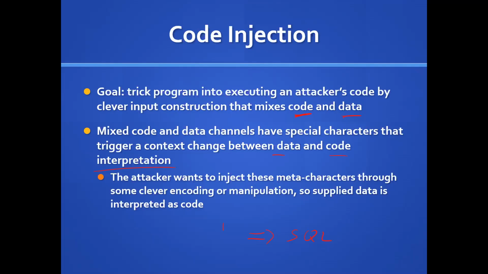I like this slide because it's a really good formal definition of code injection, right? And what we've been doing all semester. All semester we've been doing code injections, and then the solution, as we've discussed, is some type of input validation and the principle of least privilege.